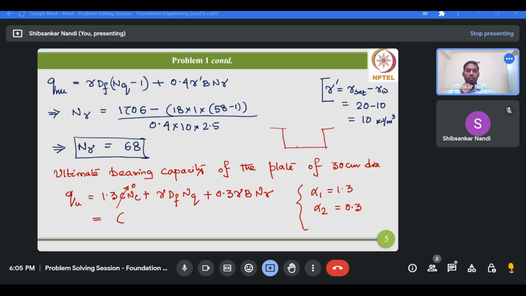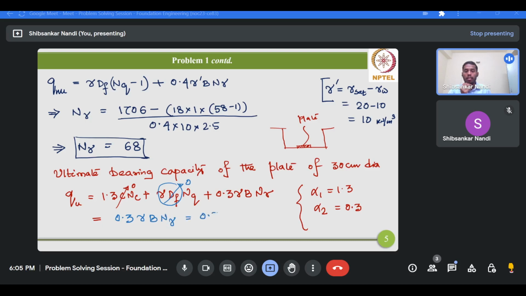Suppose this is the plate, the circular plate. Adjacent to this plate, or at the plate level, there is no surcharge. So this component also will be 0, leaving only the third component, that is 0.3 gamma B N gamma.